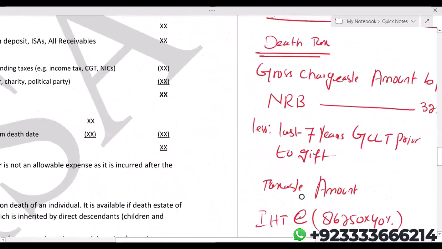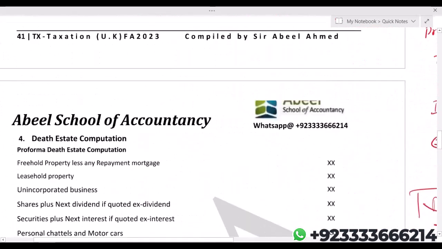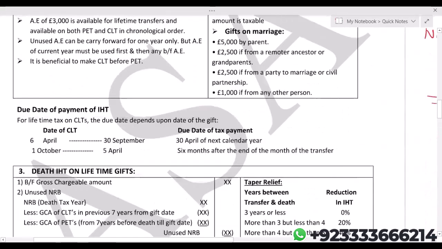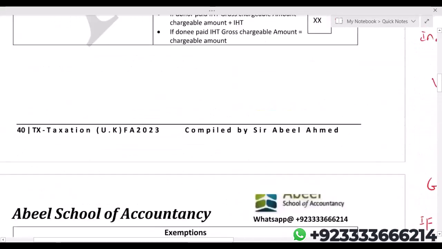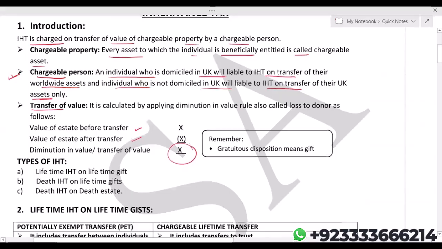Now, come here. Types of gift, lifetime IHT on lifetime gifts. So we have seen when one individual gives a gift to another, then it is PET, no tax on PET during the lifetime.